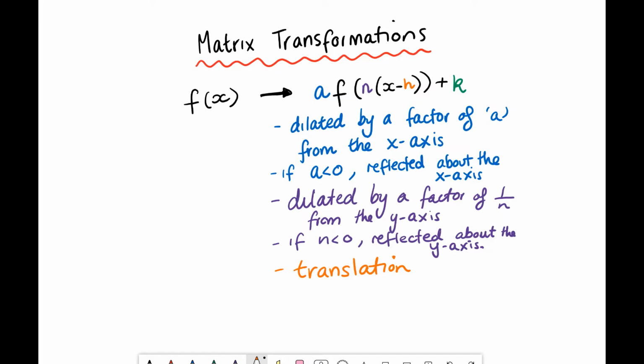This is the thing that translates left and right. So we would say that this was translated, or there's a translation. So let's actually use the same tense. Translated h units along the positive x direction, or in the positive x direction.